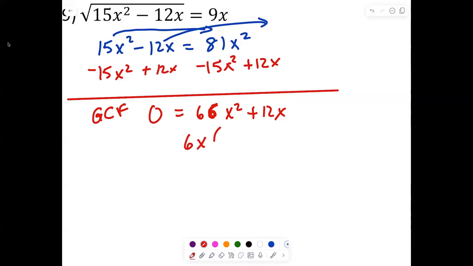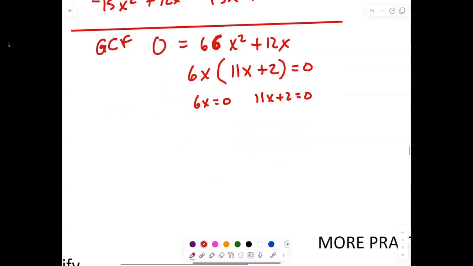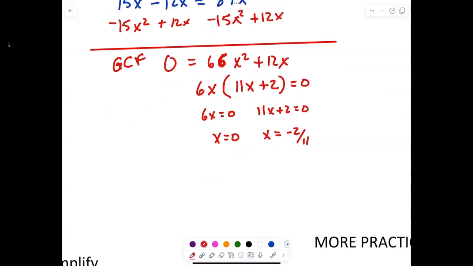When we factor out a 6x, I end up with 11x plus 2. Everybody good with that? So 6x equals 0, 11x plus 2 equals 0. So x equals 0 or x is equal to negative 2 over 11.